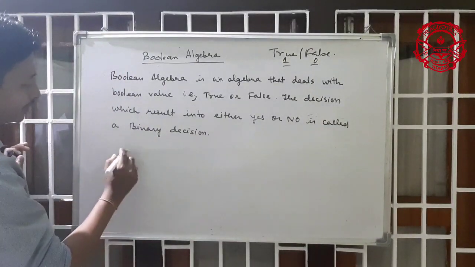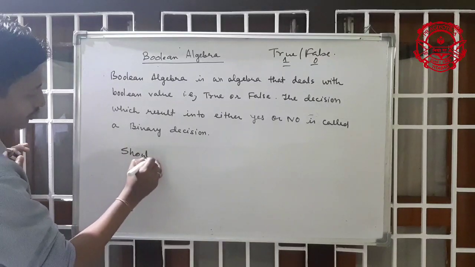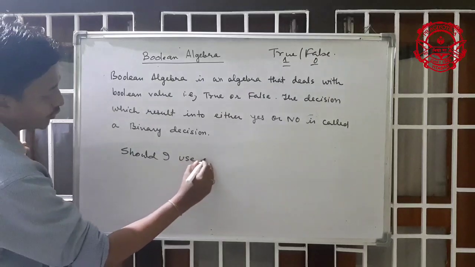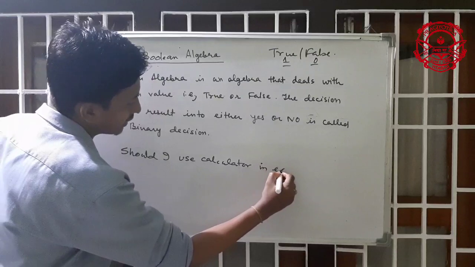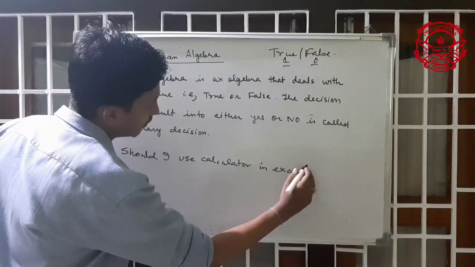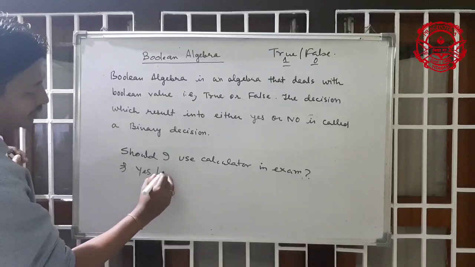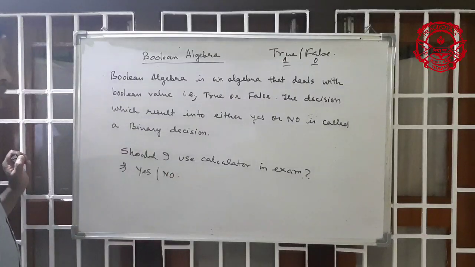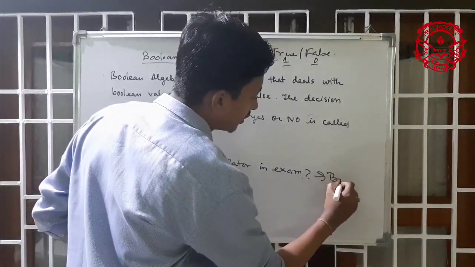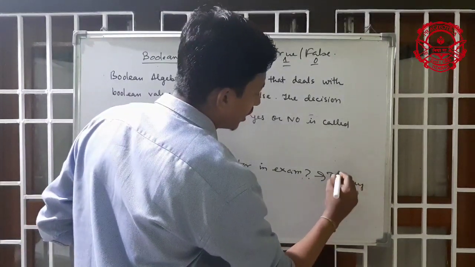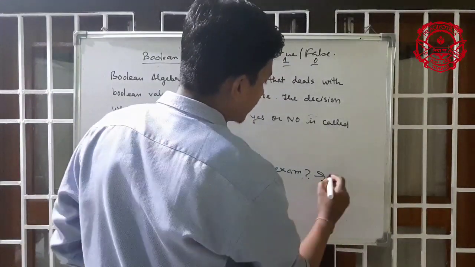Okay, now see, there is an example. Say, for example, should I use a calculator in exam? Yes or no? The answer will be yes or no. This is a binary, or you can say Boolean, statement.